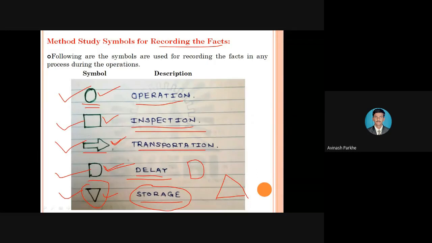Through these symbols, we have to develop some of the manufacturing processes in symbolic form. So: operation, the circle; inspection, rectangle; transportation, arrow; delay, capital D; and storage, inverted triangle. Keep that in your mind, so it will be helpful for your further study.